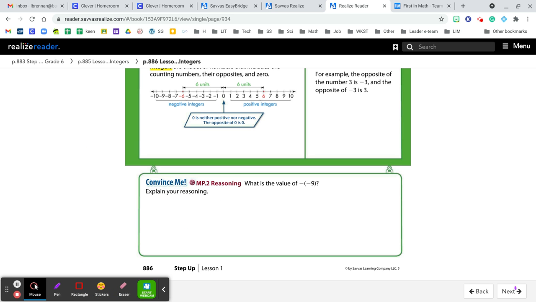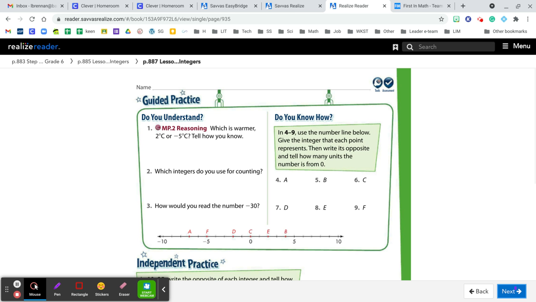So let's move on. Which is warmer, 2 degrees Celsius or negative 5? Don't get tricked, because we all know the integer 5 has a larger value than the integer 2. But remember, negative 5 is less than 0.